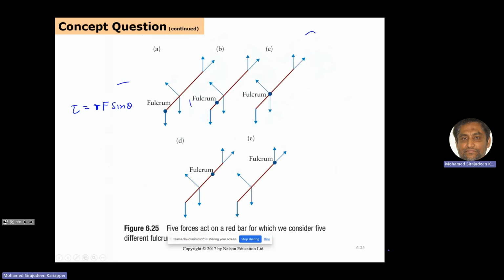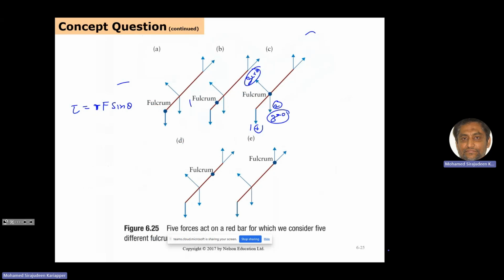So, say it again. Number 1 is positive. Number 2 is 0. Why is it 0? Number 3 is also 0 because R is 0, right? It is like your fulcrum is here, and no matter how much force you apply at the fulcrum, can you turn it?